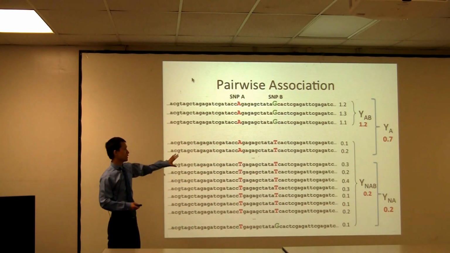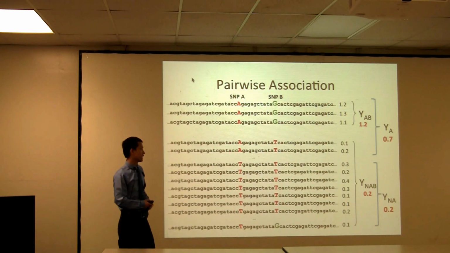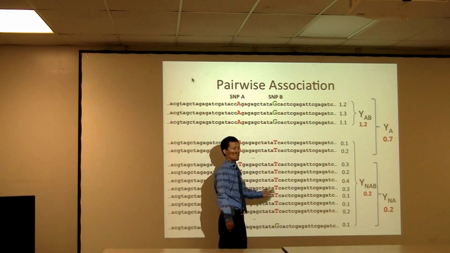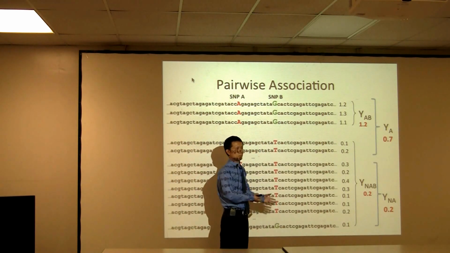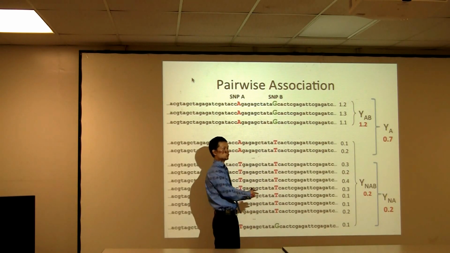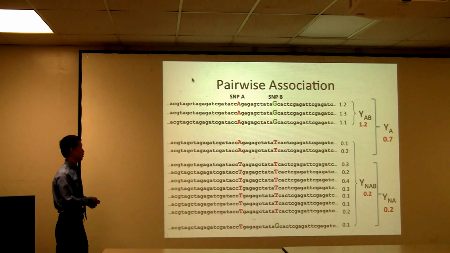Now the difference between the two average phenotype values is 0.5. We can see this difference is not 0, and it's not as big as 1, but still we can see there's a difference from the null hypothesis, which should be 0. And let's look at SNP B.